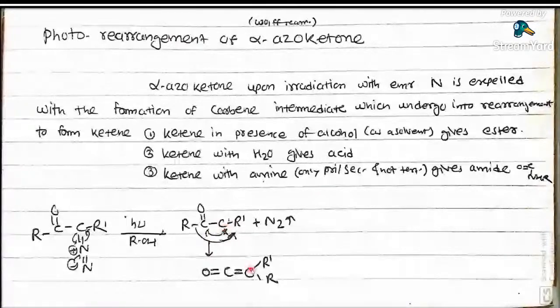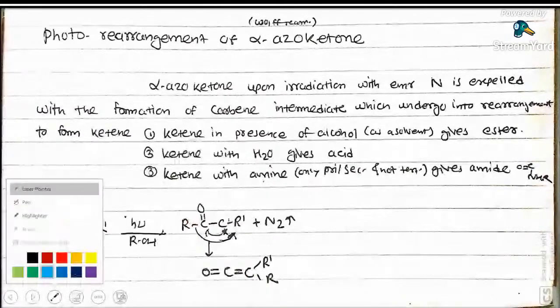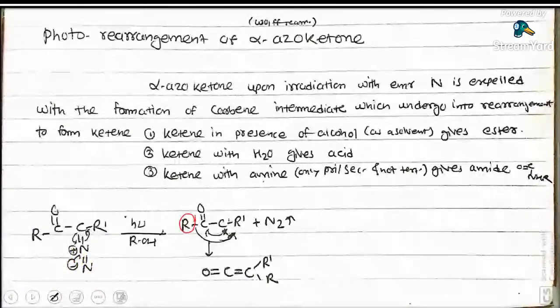As a result of which there occurs the generation of carbene. So as this R group is moving to this carbon, you can see here there occurs the formation of C double bond O. Then as the nitrogen is giving the electron towards carbon, there will be the formation of double bond here. So double bond has been formed there.